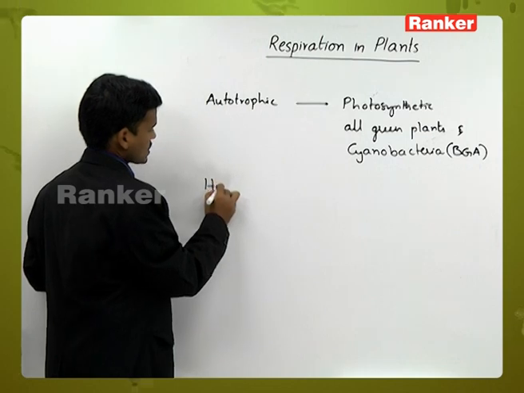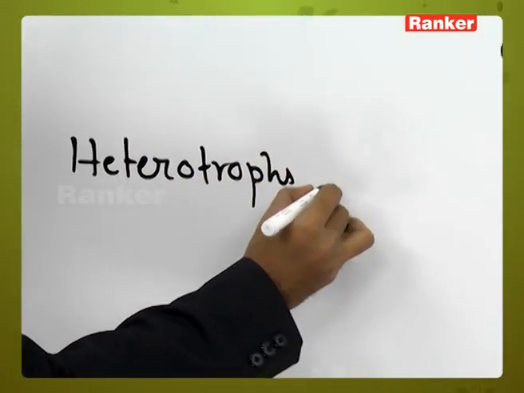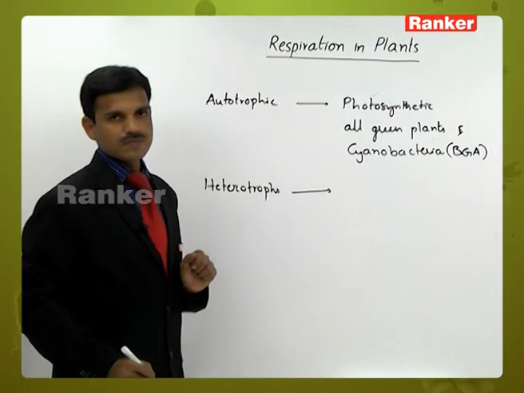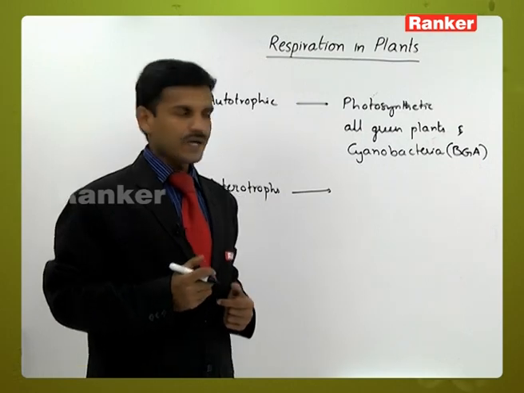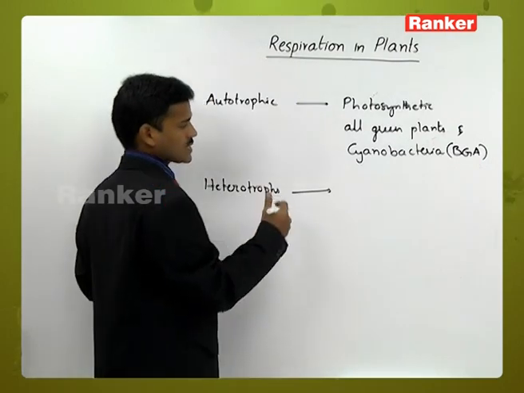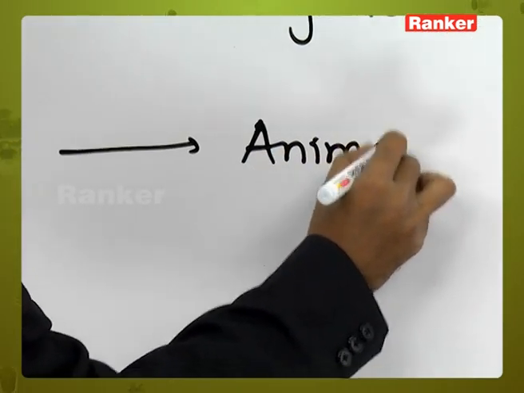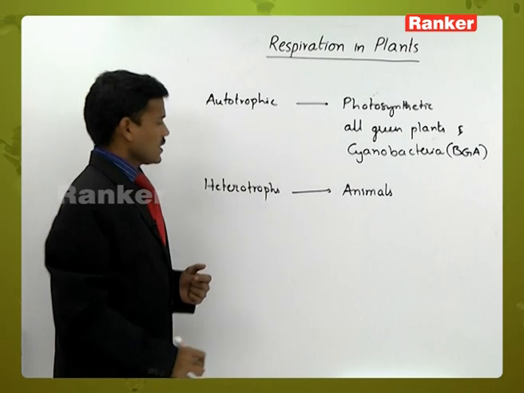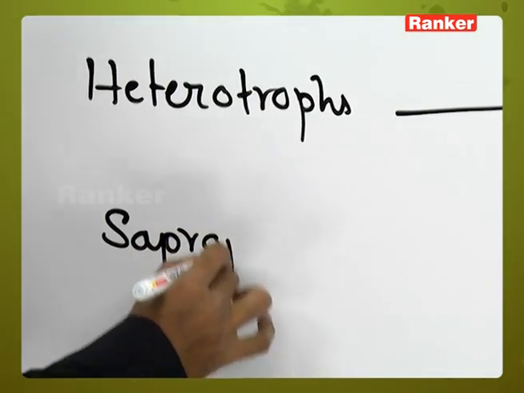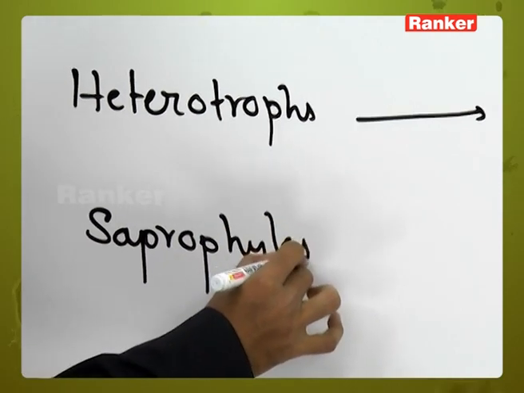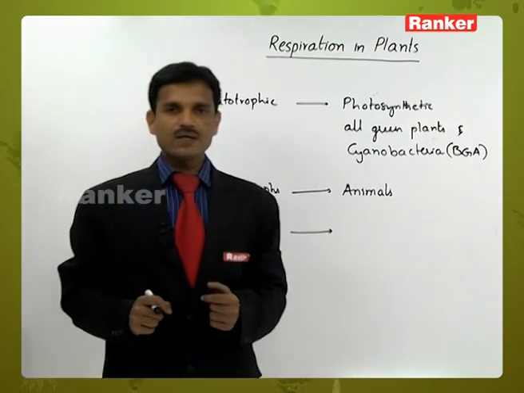Next, heterotrophs. Heterotrophic organisms are animals. Mainly animals depend for food material on plants or other animals. And sometimes saprophytes also. Saprophytism. So saprophytes are like fungal members.